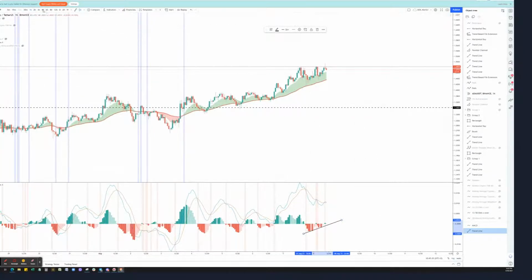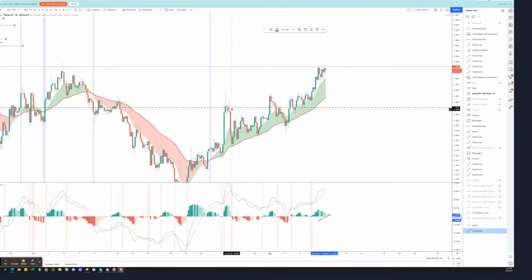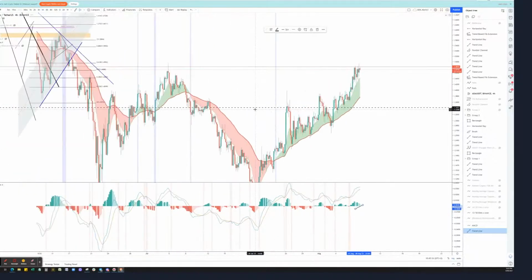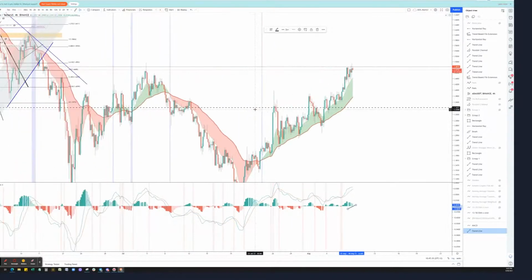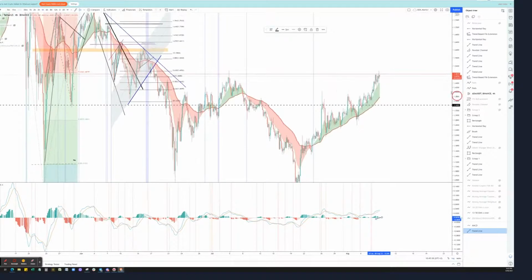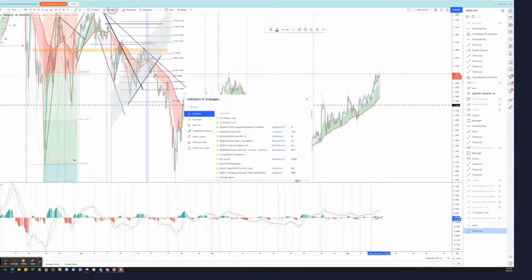Let's look at a different time frame, 4 hour. Okay. Candlesticks don't tell us much. Let me add one more indicator.